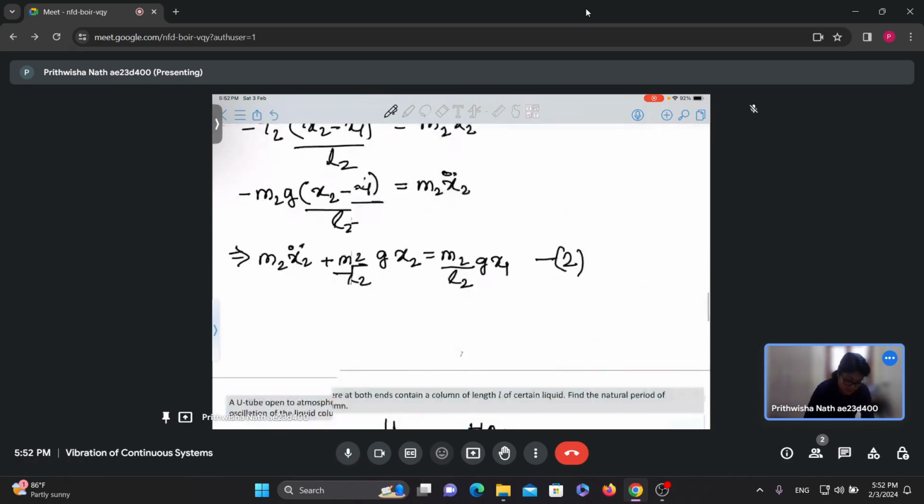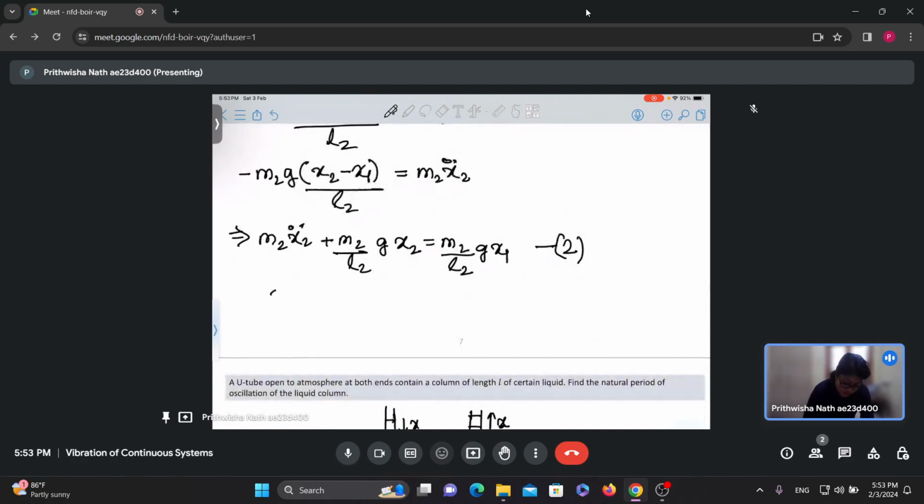Now we can assume x1 to be capital X1 sin omega t and small x2 to be capital X2 sin omega t.